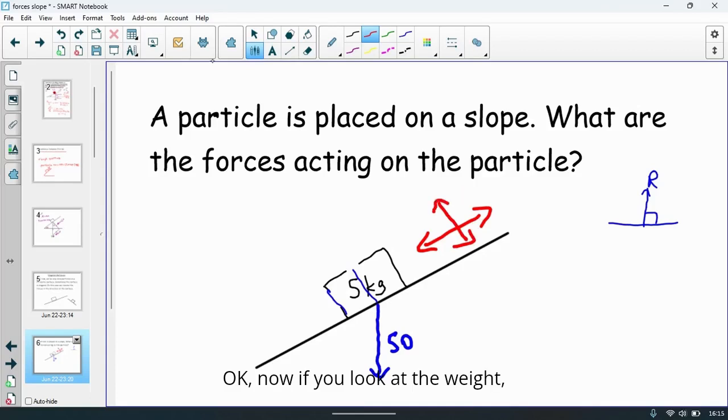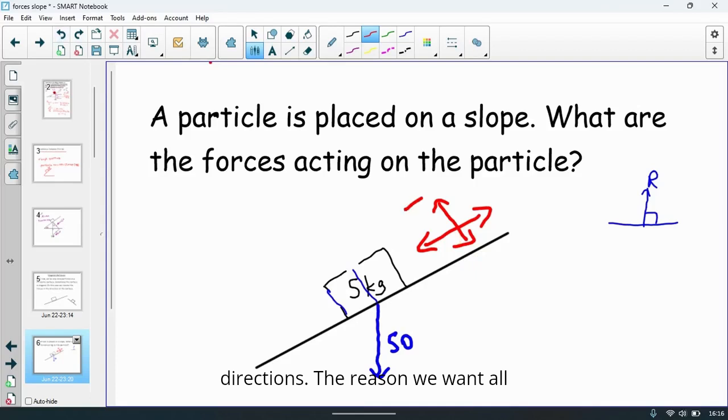Now, if you look at the weight, the weight is not in any of these directions because it is vertically down. So we have an issue here where we want to convert the weight into one of these directions.